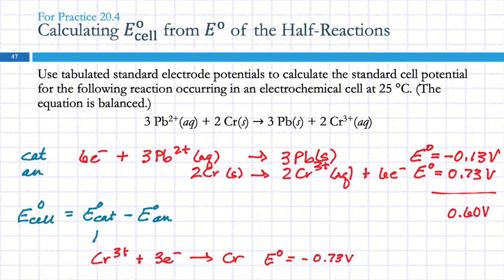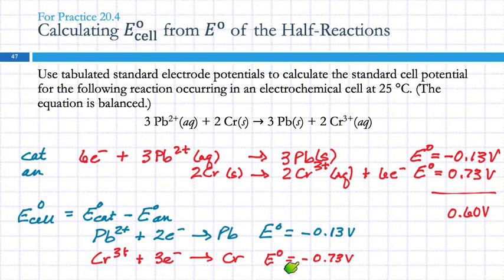So when we go look this up in the table, that's what, 2 electrons. So this is what we see in the table, right?